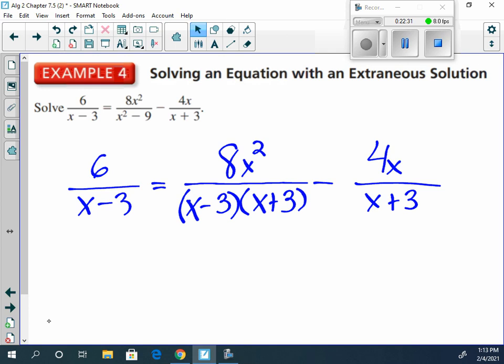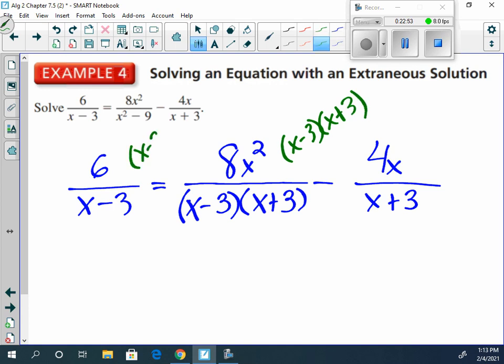If we'd have added those, we wouldn't have had a degree 2, we would have had a degree 4 that we would have had to work with. So it makes it twice as difficult the more factors that we have. So I know from the middle one, I'm going to need x minus 3 and x plus 3, yes? Because they have both of those. Okay? X minus 3, x plus 3.